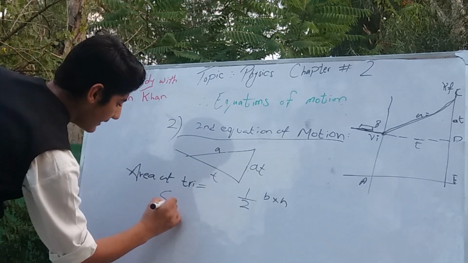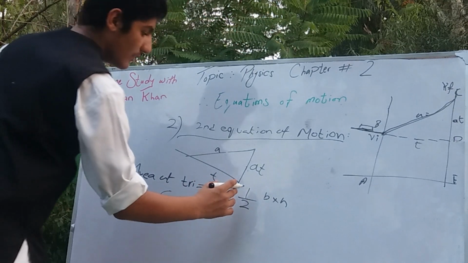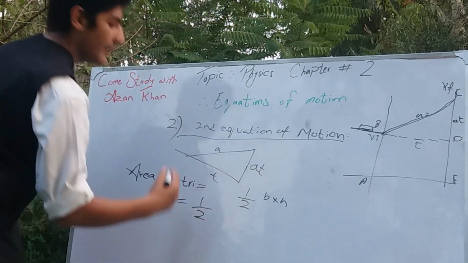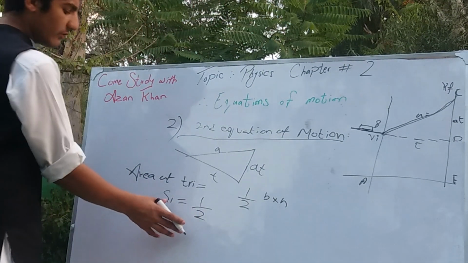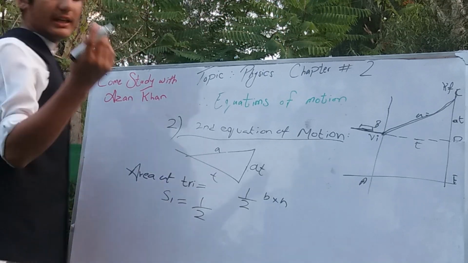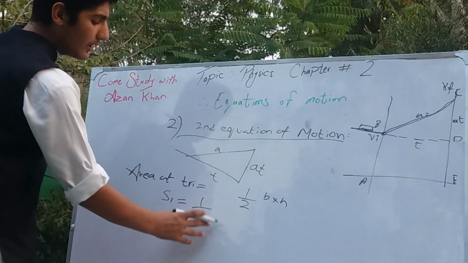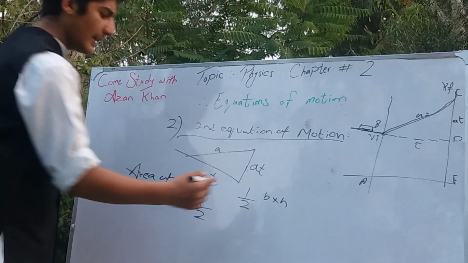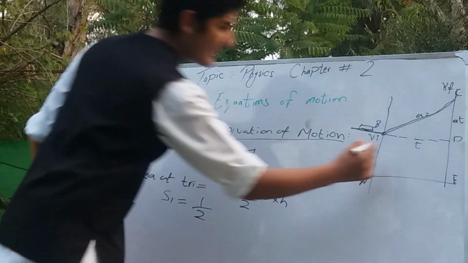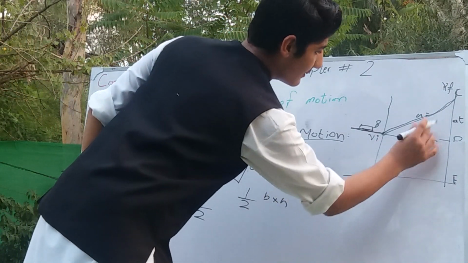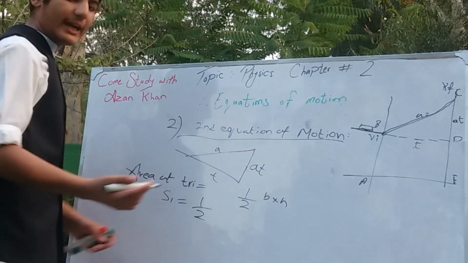Now we will represent the whole with S. We will name this S1, and the other rectangle will be known as S2. So S1 is equal to 1 divided by 2 times base times height. The base of the triangle is t, the time he has traveled.